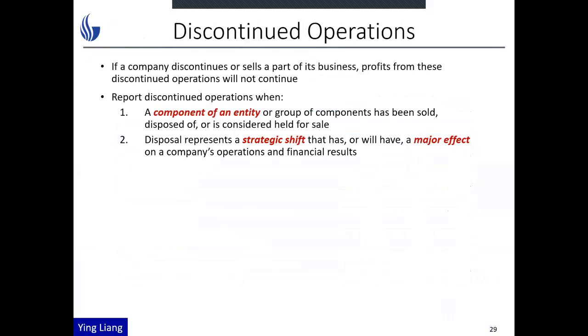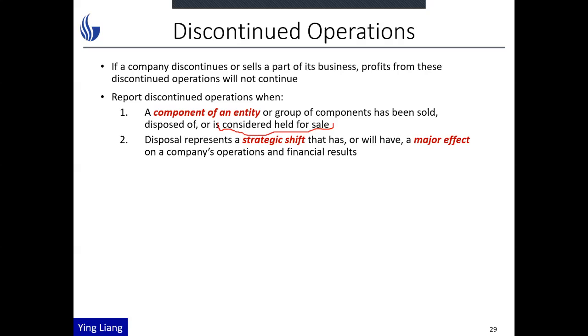Sometimes a company decides to discontinue or sell part of its business. Discontinued operations are reported when a component of an entity or group of components has been sold, disposed of, or is considered held for sale.